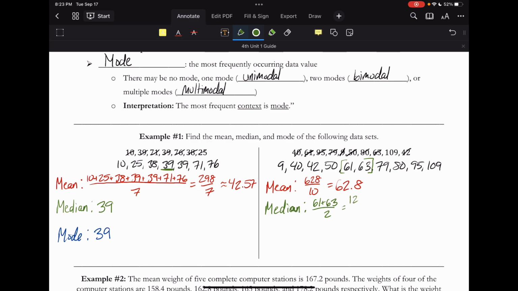That gets me 124 over 2, which gets me a median of 62. And then my mode is, again, the most frequently occurring. Seeing as I have no repeats with these data values, there is no mode. All right, so again, that's how you find the mean, median, mode given raw data.